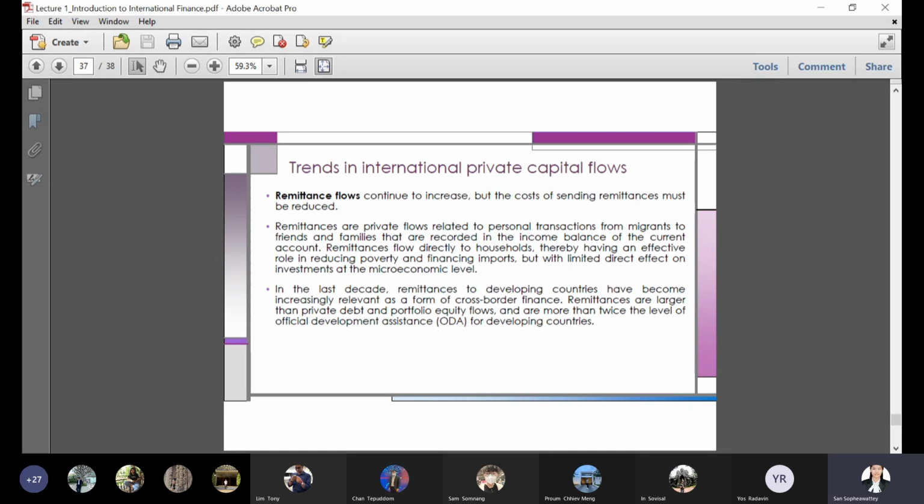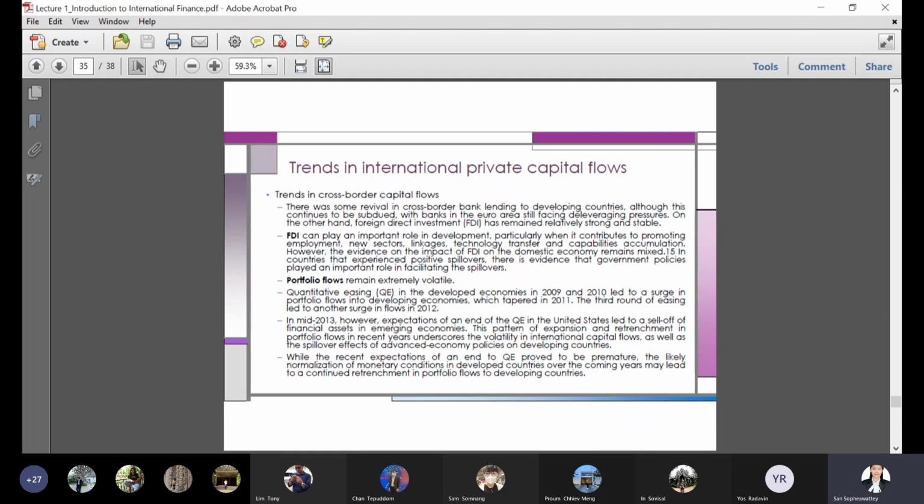So when we're looking at the balance of payments, we will see an item there, remittance. The remittance is important for developing countries because it flows directly to households, and therefore has an effective role in reducing poverty and financing imports. But sometimes it has limited direct impact on investment at the macroeconomic level.